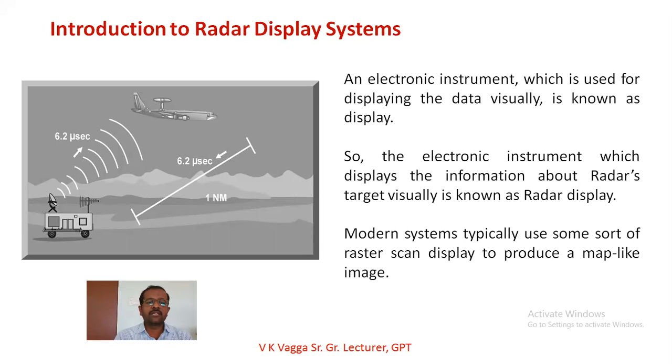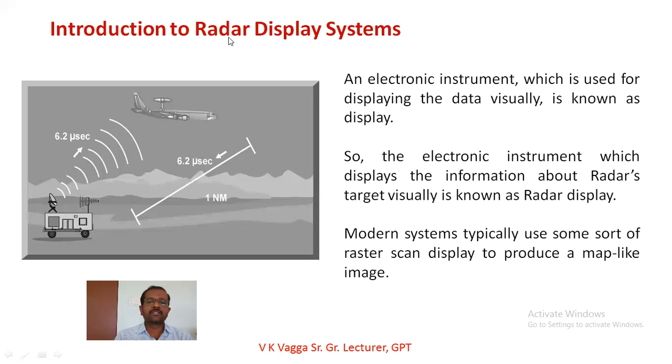Suppose consider that in this diagram, it is represented as 6.2 microsecond. It is indicating the wavelength here. And after that you can see one more, 1 nm, equal to 1 nanometer. It is going to measure the distance in this way. So all of these parameters are measured on the display system.